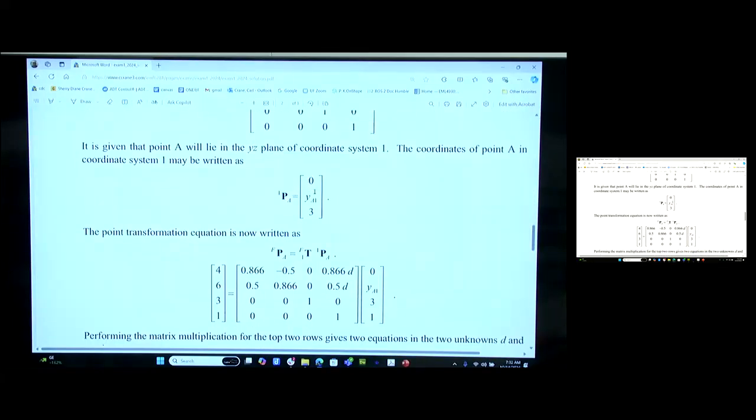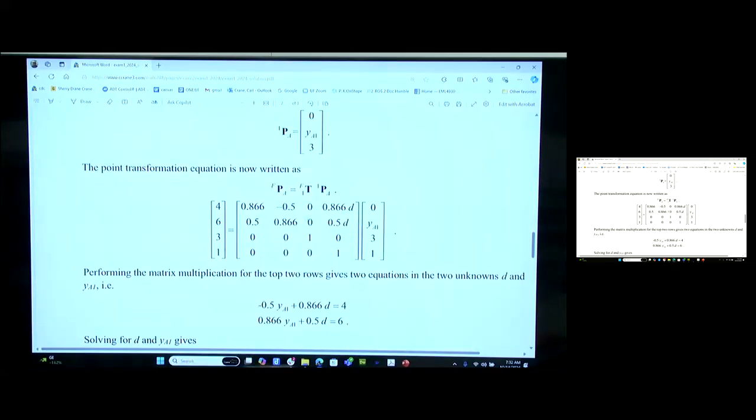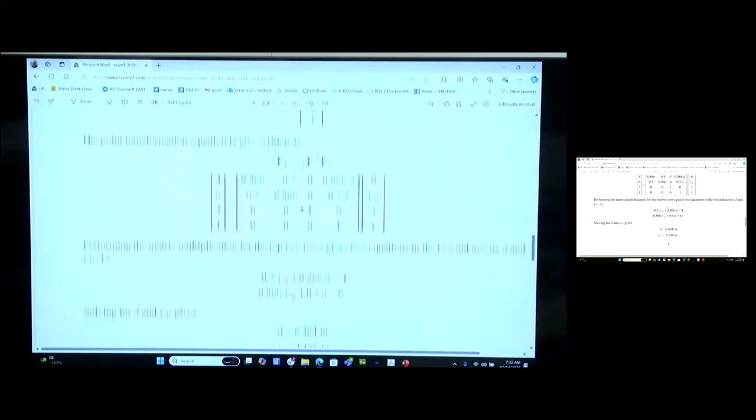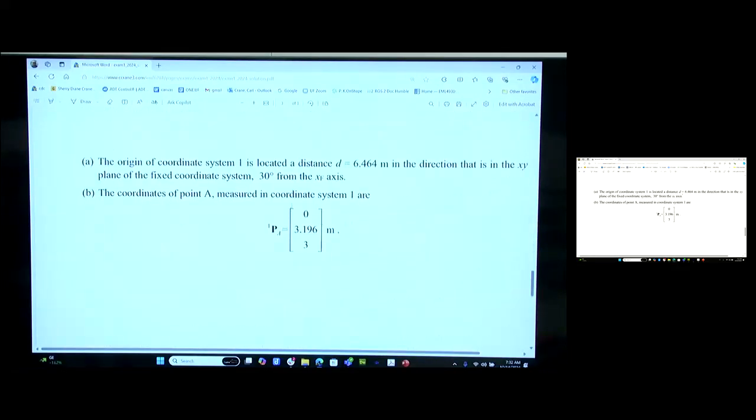So here I said I knew the point A in the first frame based on what the problem statement had to be. Then when I put it into the transformation equation, I basically got 2 equations from the top 2 lines, 2 equations and 2 unknowns: the y of A1, the middle coordinate of the point A in the first frame, and the d value. And then boom, that's what came out. So again, the d value and a point of that.